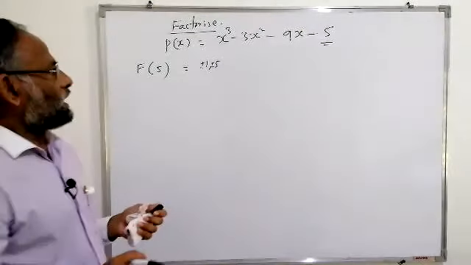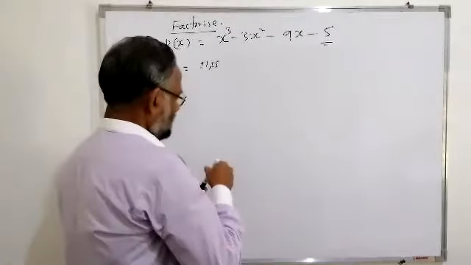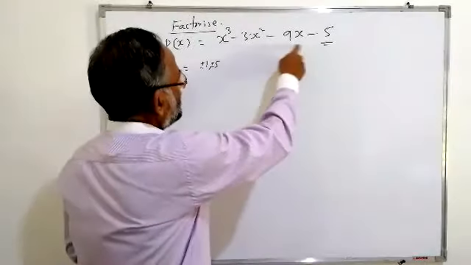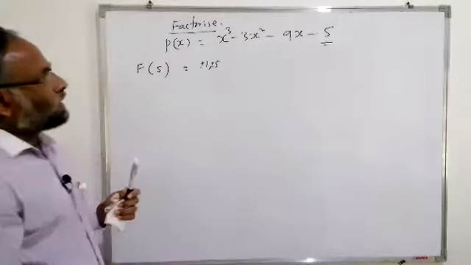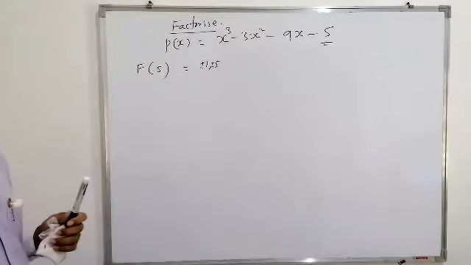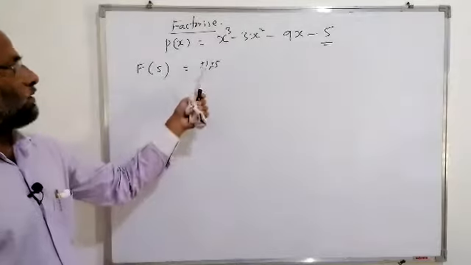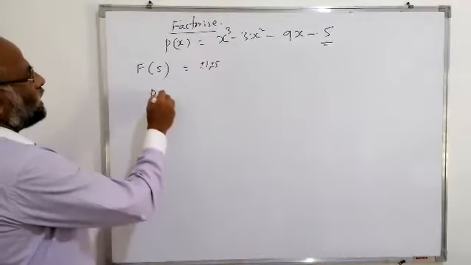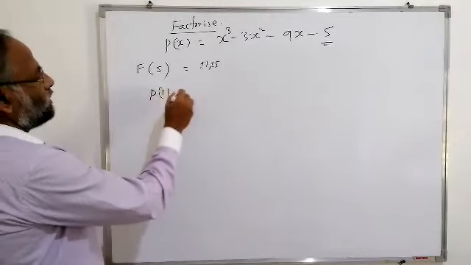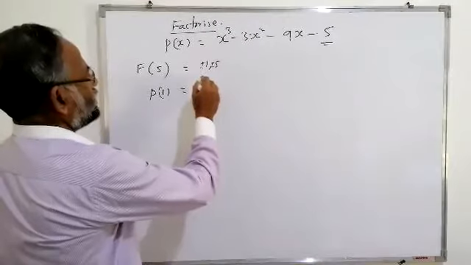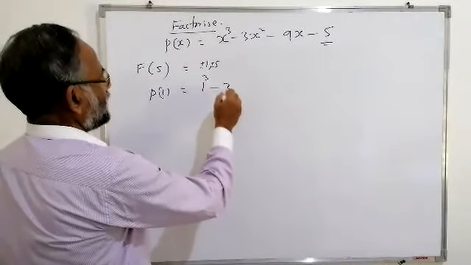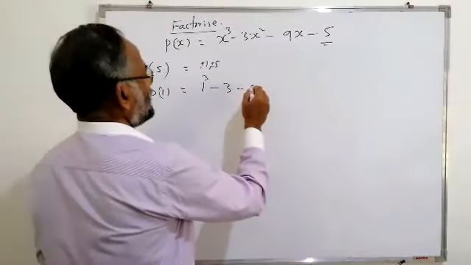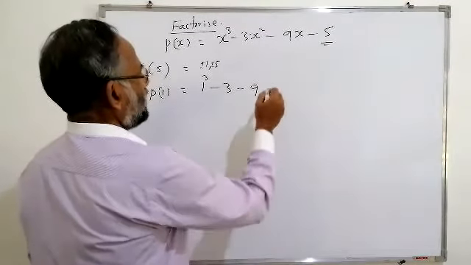Then after that, you have to think. See here, minus, minus, minus, plus. Okay, we can give the value. Put 1. You can find out P1. P1 is equal to 1 cube minus 3 into 1 square minus 9 into 1 minus 5.